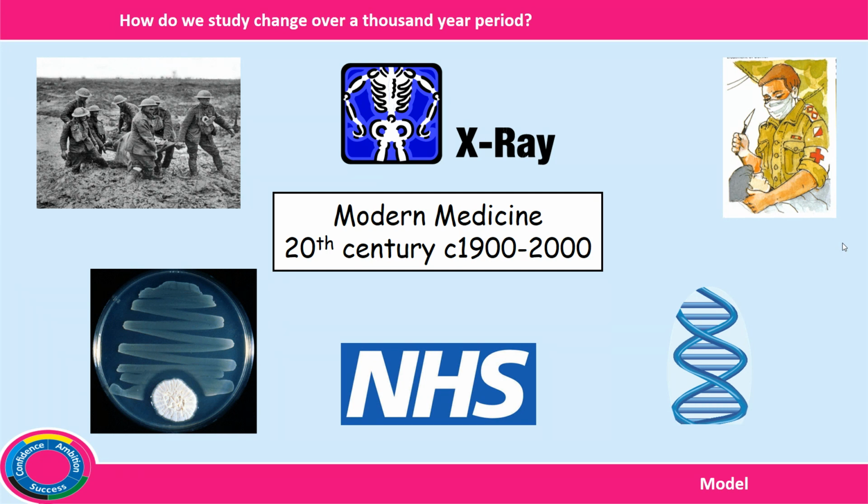We see the development of penicillin, the setting up of the NHS as a free national health service. We also see the introduction of social reforms and welfare, as well as the discovery of Crick and Watson about DNA, which helps us better understand how the body and diseases work.